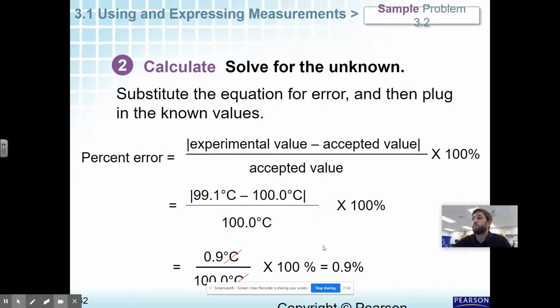So for this problem the percent error is 0.9% after you do this math, which, to be fair, is actually pretty good. If you do a lab and you get a 0.9% error, you did really, really good. You did a good job.